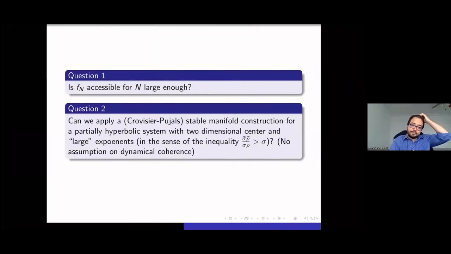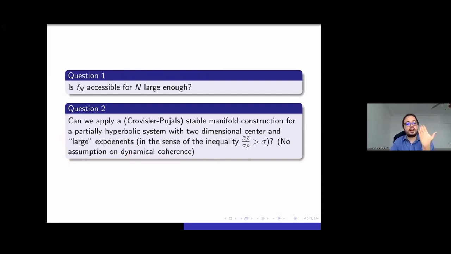Another question is, so you have these philosophies. That theorem of Crovisier-Pujals actually allows you to quantify this type of philosophy that large Lyapunov exponents, in some sense, imply large stable manifolds and unstable manifolds. In a certain way, it quantifies that philosophy. So can we apply that technique to general systems without assuming dynamical coherence?